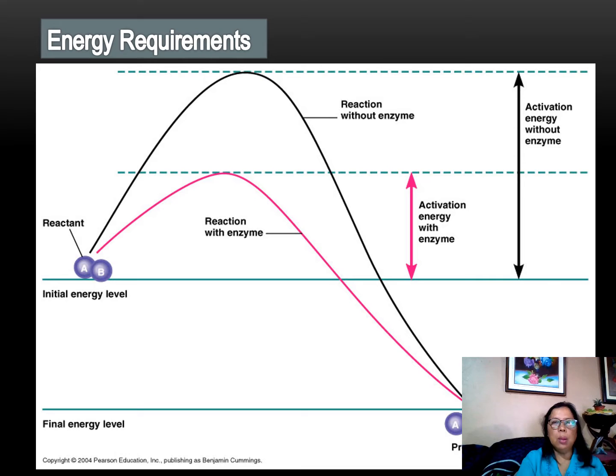In terms of reactants, a reaction without enzyme follows this dark green line, whereas for the reactant with enzyme, the reaction follows this line.